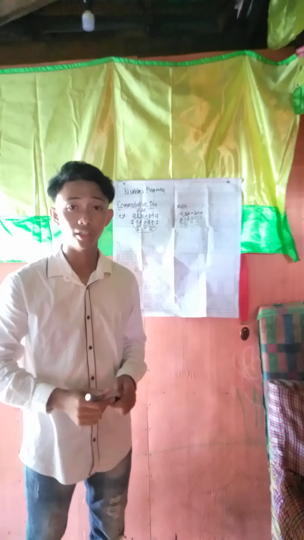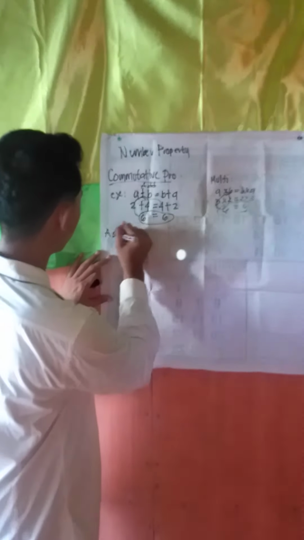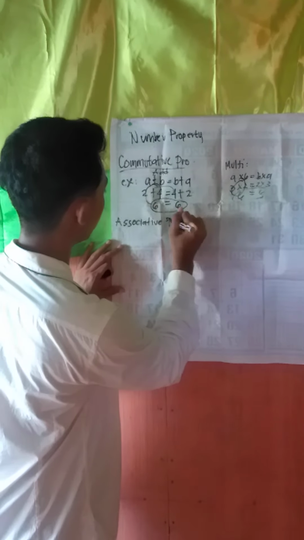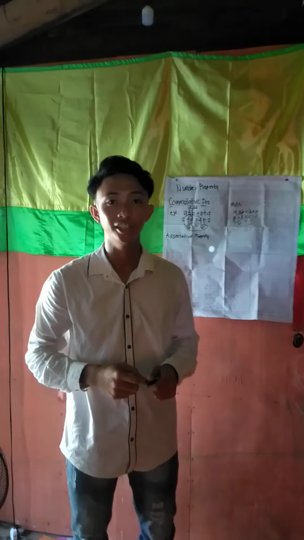Now I'm going to go for the second one, which is the associative property. Associative property gets its name from the word associate.